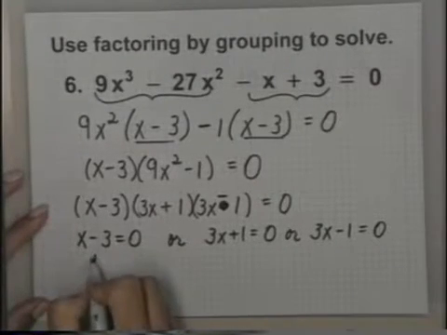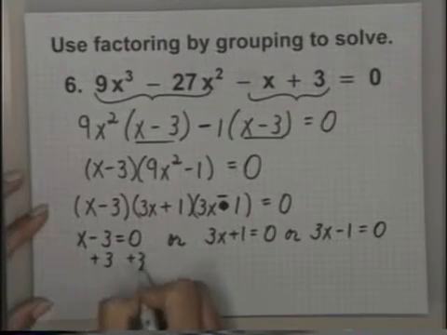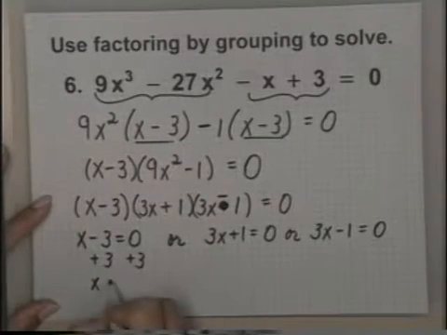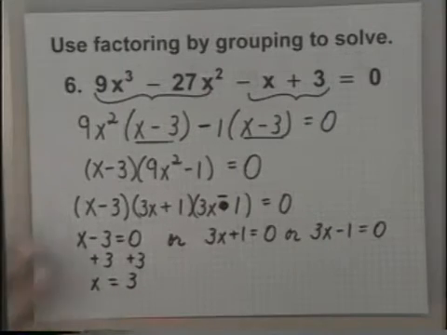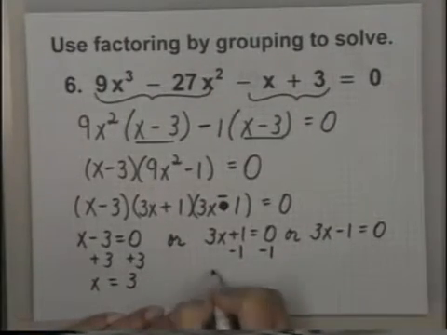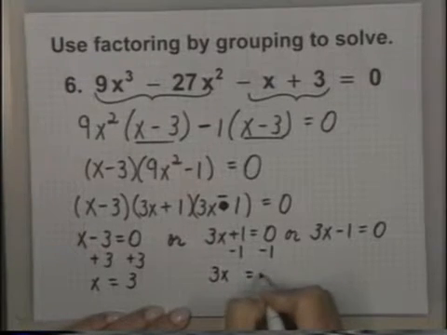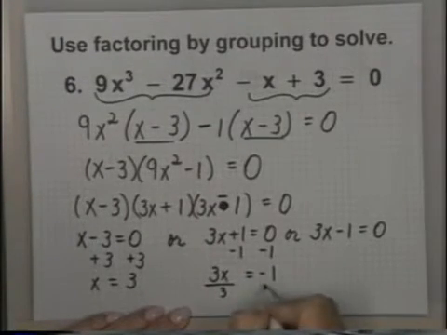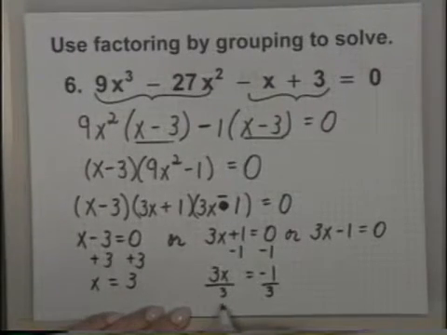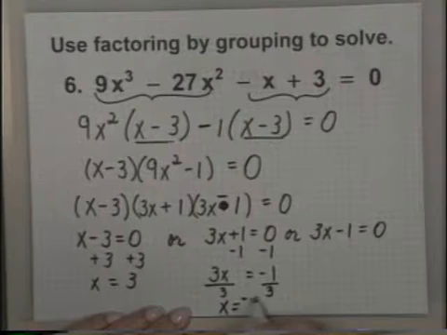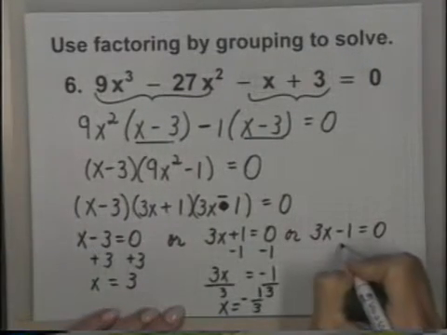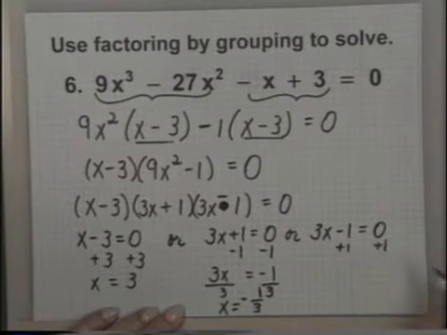Let's solve them. Let's add 3 to both sides of this equation to isolate x. We get the equivalent equation x equals 3. Let's subtract 1 from both sides of this equation. Then let's divide by 3, and we'll get x equals negative 1/3. And let's add 1 to both sides of this equation.